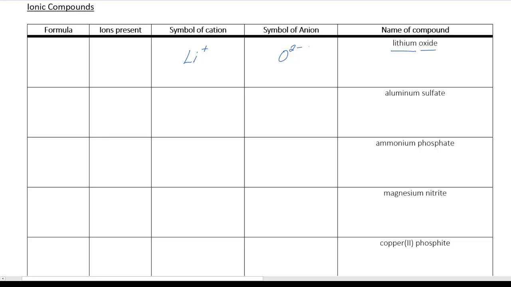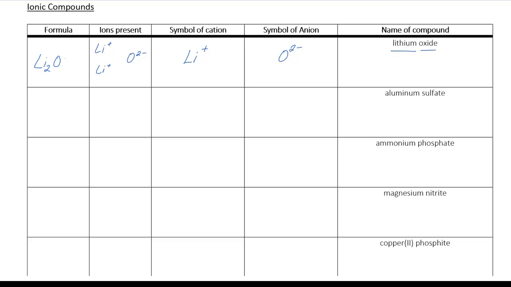As discussed earlier, we saw that the overall formula for a compound needs to be electrically neutral. So this tells us that we need to have 2 lithium ions present for every 1 oxide ion to balance its charge. To write this in a formula, we're going to indicate with a subscript that there are 2 lithiums for every 1 oxygen. And whenever a subscript or a coefficient is equal to 1, we leave it off. It's assumed to be present.